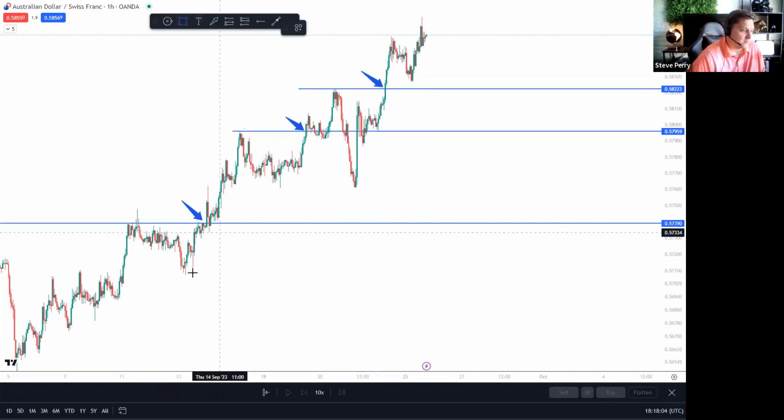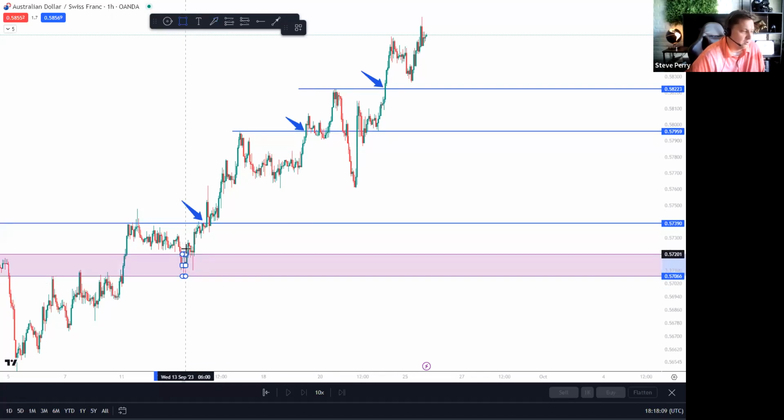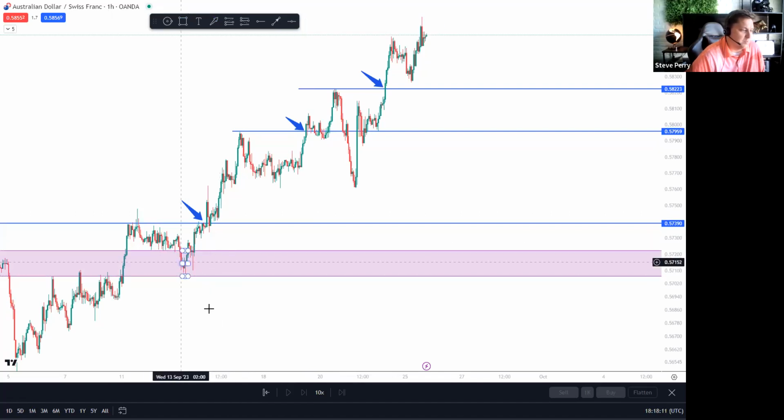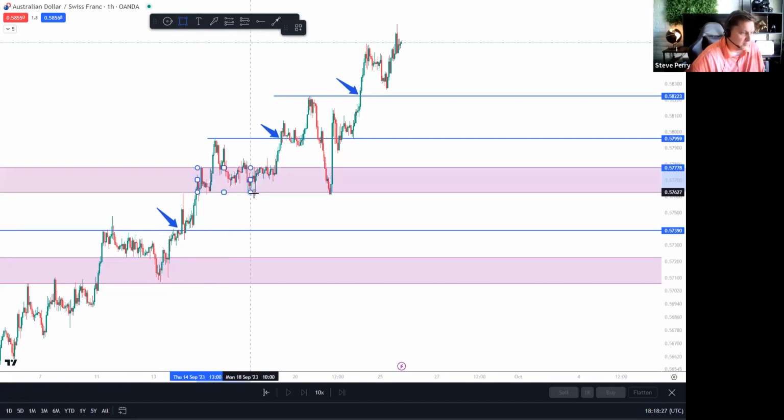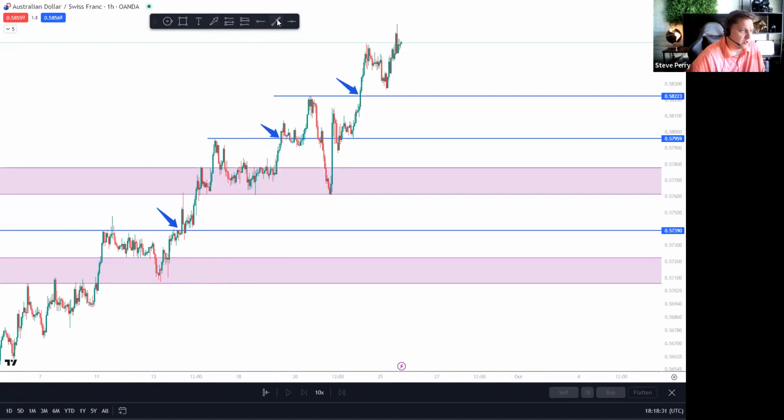Let's look at the base. So down here, this would have been considered demand right here. Why is that demand? Because this is the area that created that impulsive move, that move to the upside, right? Whatever took place in here ultimately led the market to the upside. Also, right here, this box, whatever took place inside of here ultimately created that move to the upside, right?